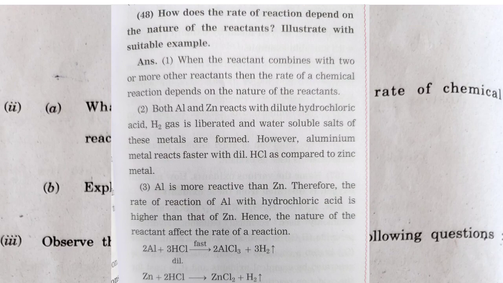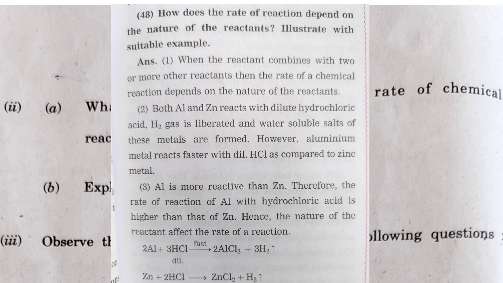B. Answer. 1. When the reactants combine with two or more other reactants, then the rate of a chemical reaction depends on the nature of the reactants. Second, both Al and Zn react with dilute hydrochloric acid. H2 gas is liberated and water soluble salts of these metals are formed. However, aluminum metal reacts faster with dilute hydrochloric acid as compared to zinc metal.